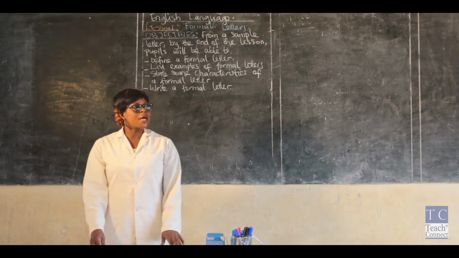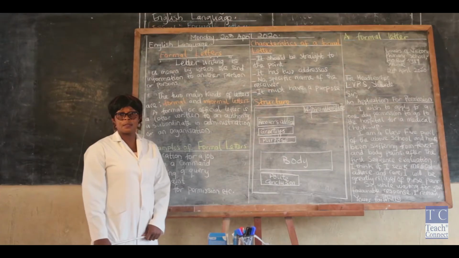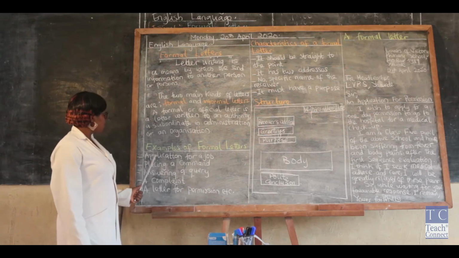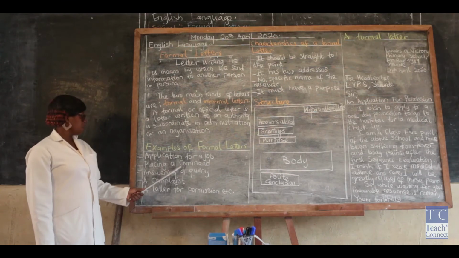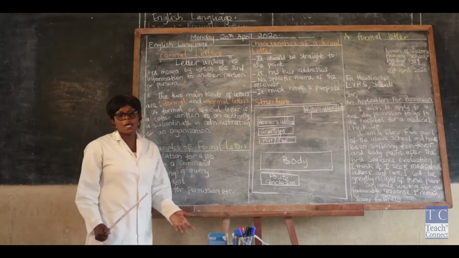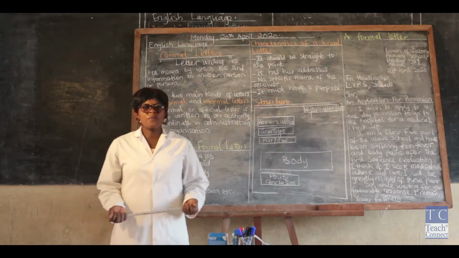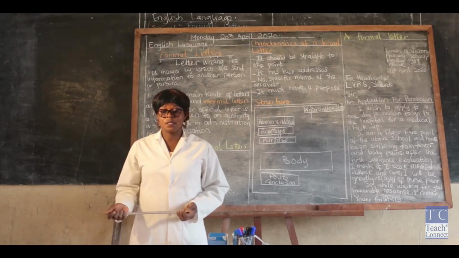We all realize that there are different examples of formal letters. The first, we have application for a job, placing a command, answering a query, a complaint, a letter for permission, and so on. A formal letter is also made up of some characteristics.